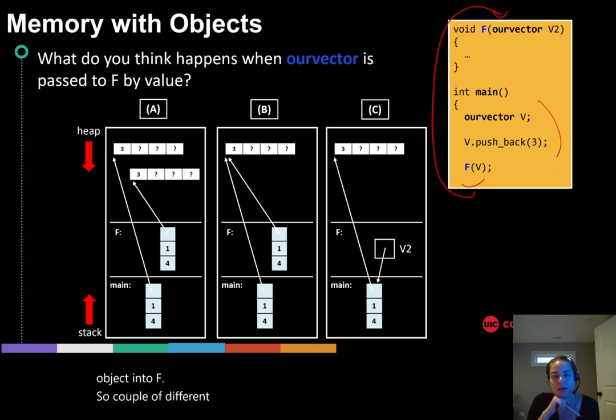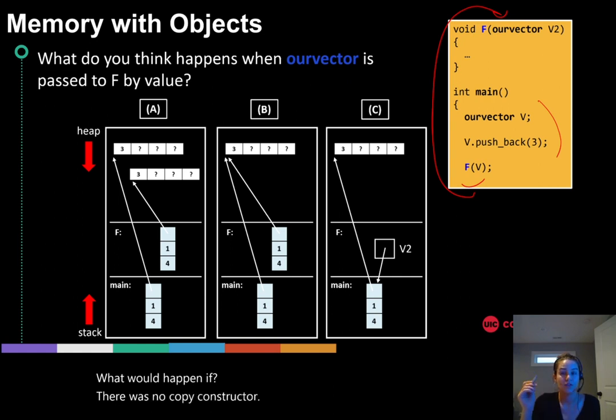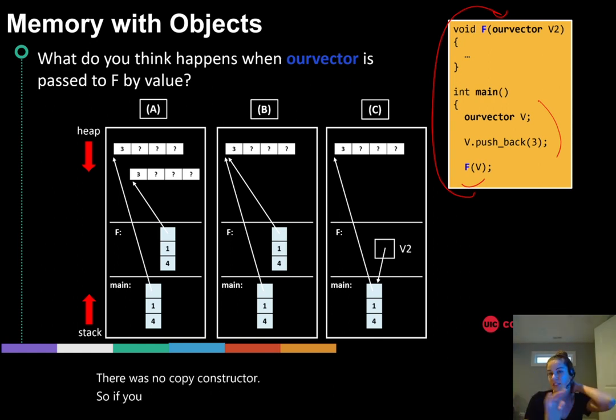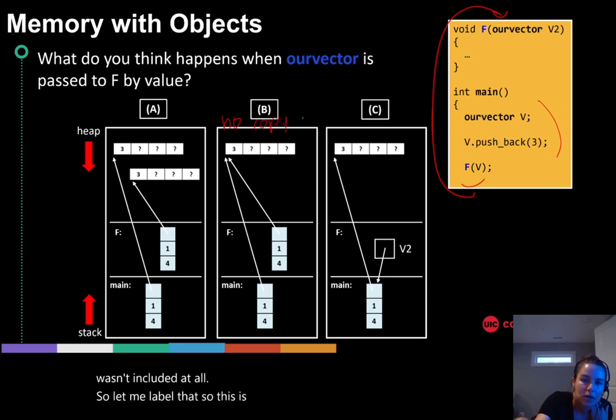A couple different options here. Let me start by explaining what would happen if there was no copy constructor. So if you wrote this class and you did not include a copy constructor at all, let me label that: this is no copy constructor.